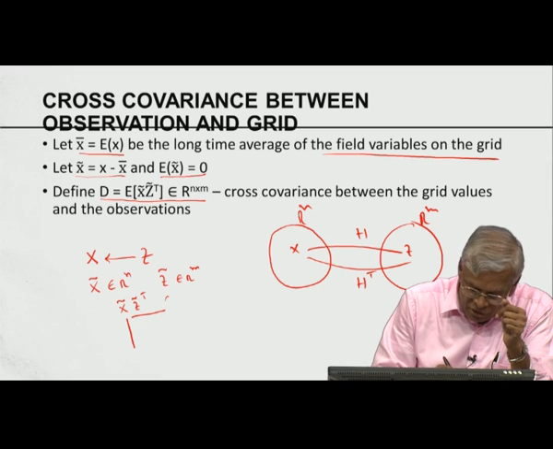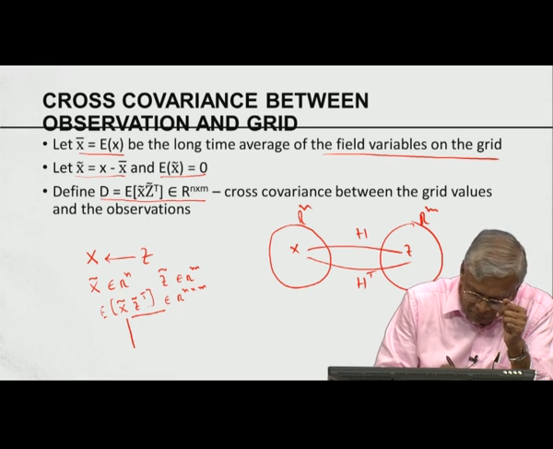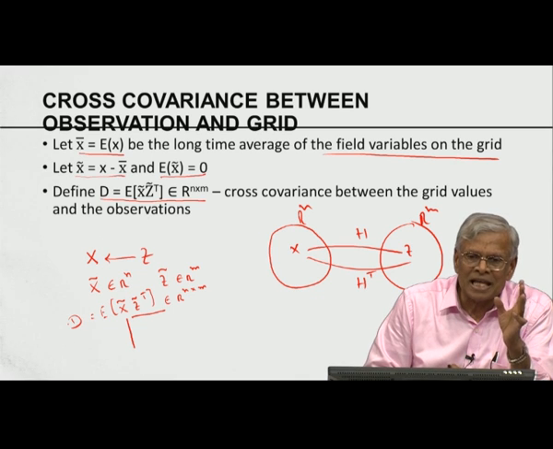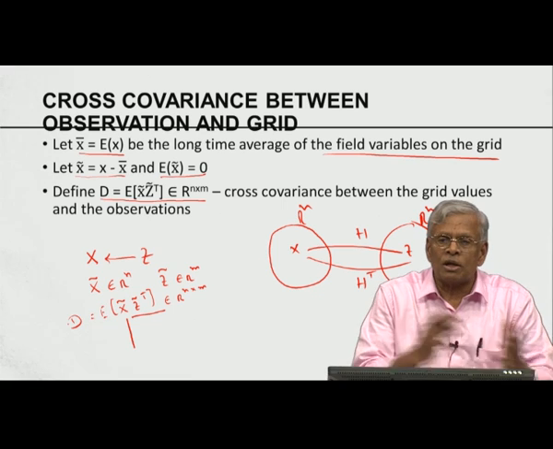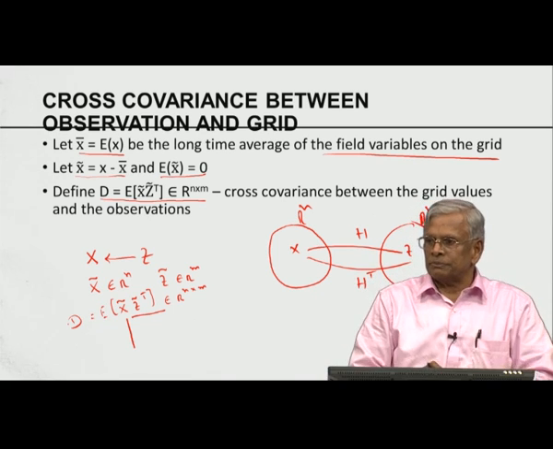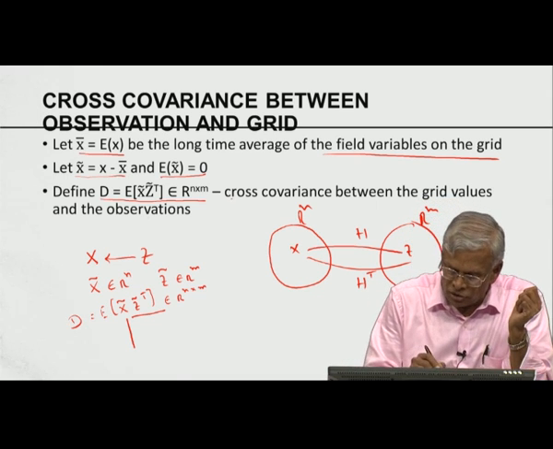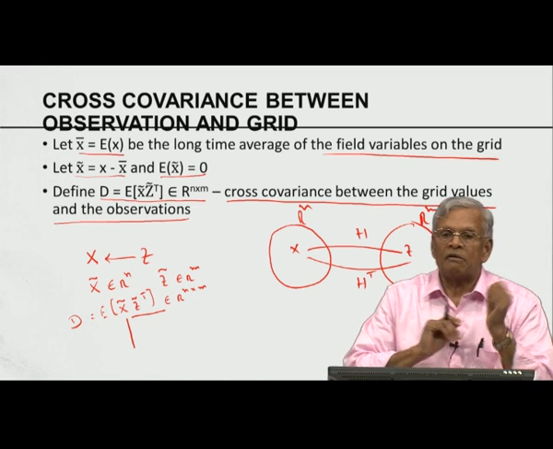This matrix is in R n by m. If I take the expectation of this outer product matrix, that is D. So D is the n by m matrix that is the cross covariance between the grid values and the observation variables.